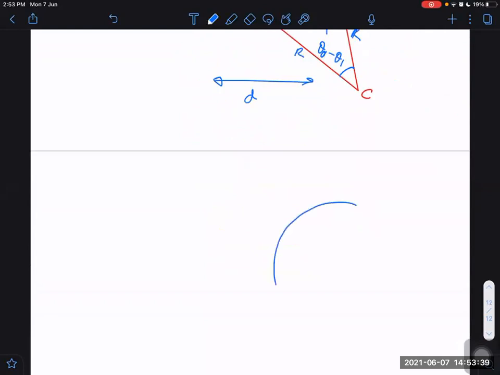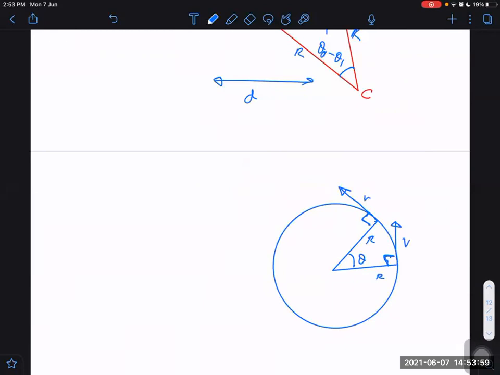Yes, sir. In a circular path, it happens like that only. If the particle covers certain angle theta, then the velocity vector also will be changed by an angle theta, because the angle between R and V will always be 90 degrees.